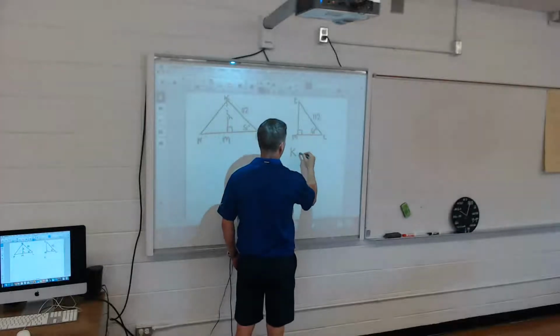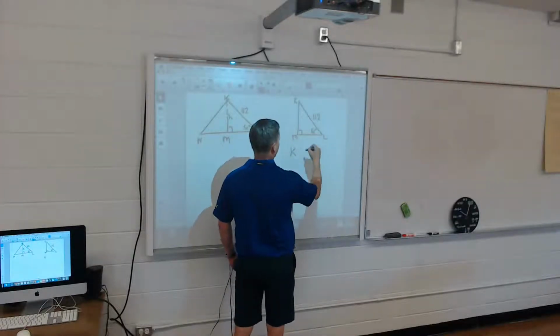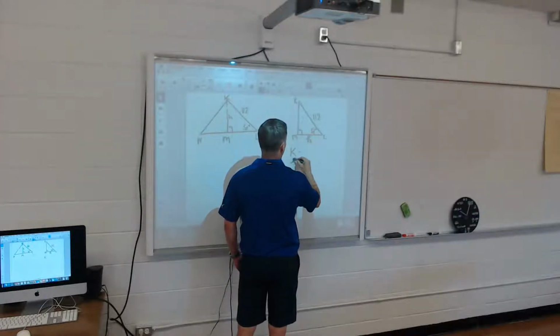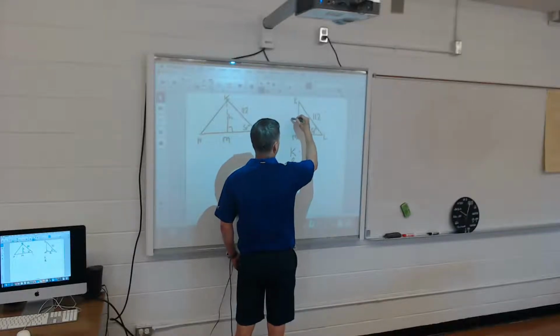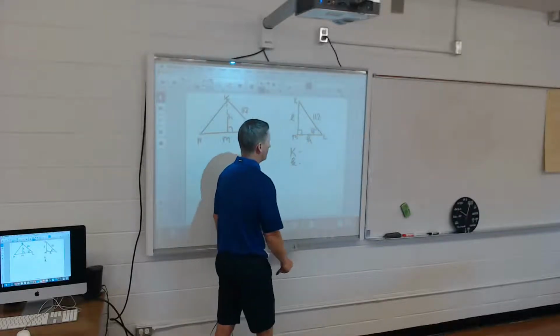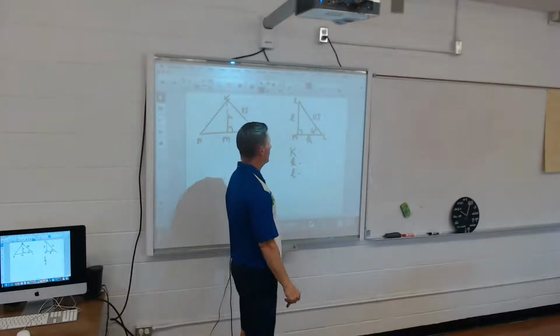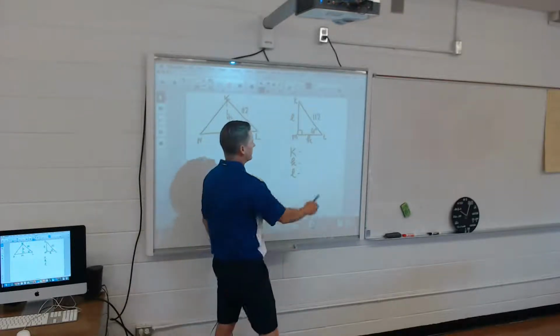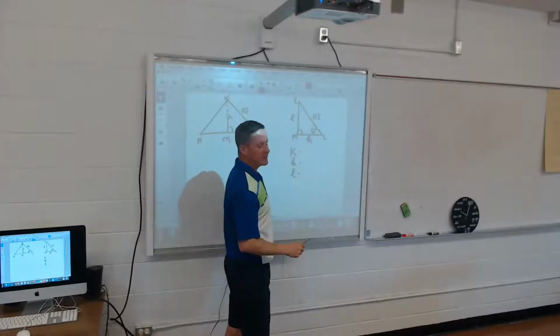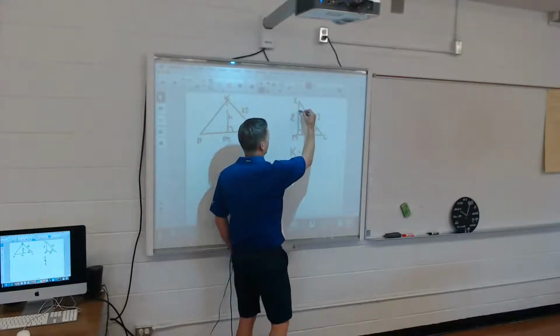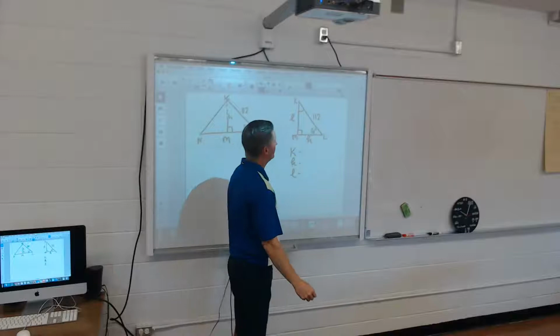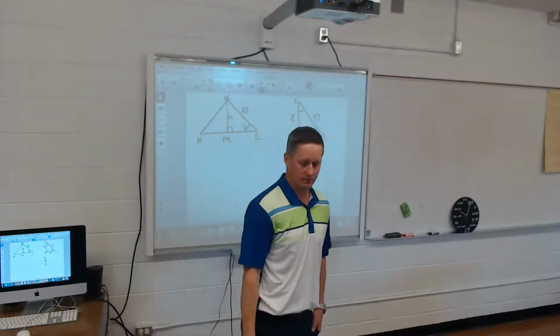So I need the measure of K. I also want to find out what little k is and what little l is over here. All right. So in order to do that, first of all, the easiest thing to do is to find the third angle. And how would you find the third angle there?